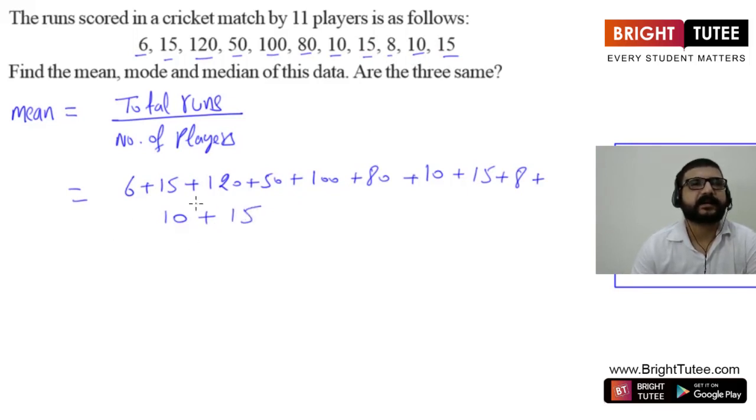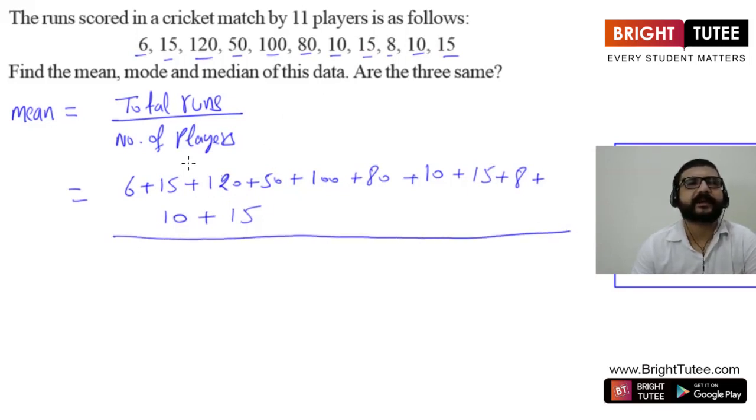This will be the sum of the observations or the total runs scored by players in the match. This will be divided by the number of players. Now as it is given in the data, these are the runs scored by 11 players. So it will be divided by 11.